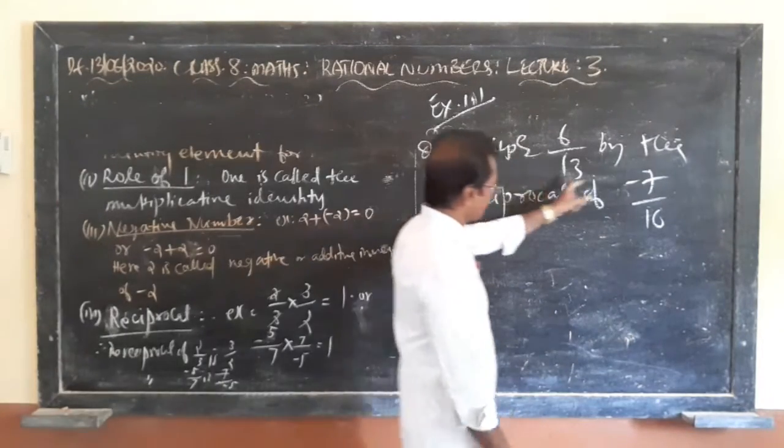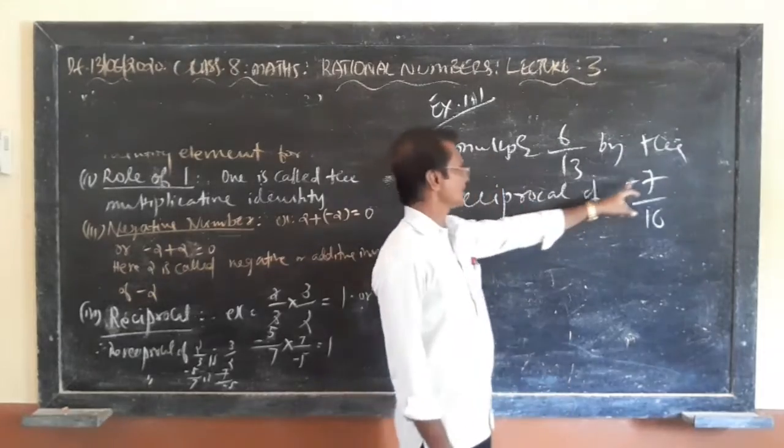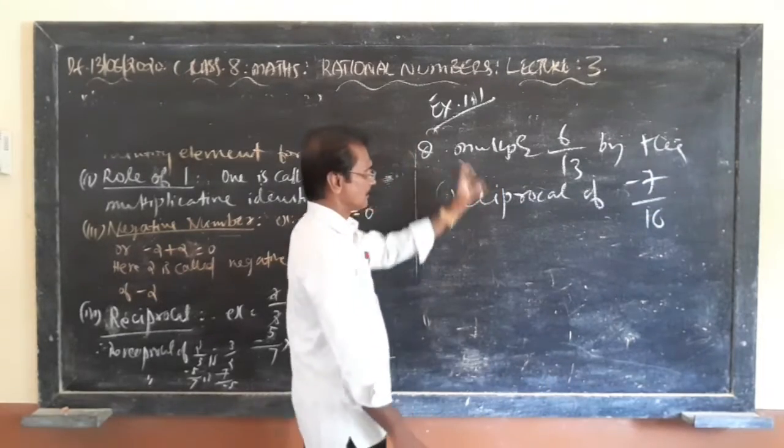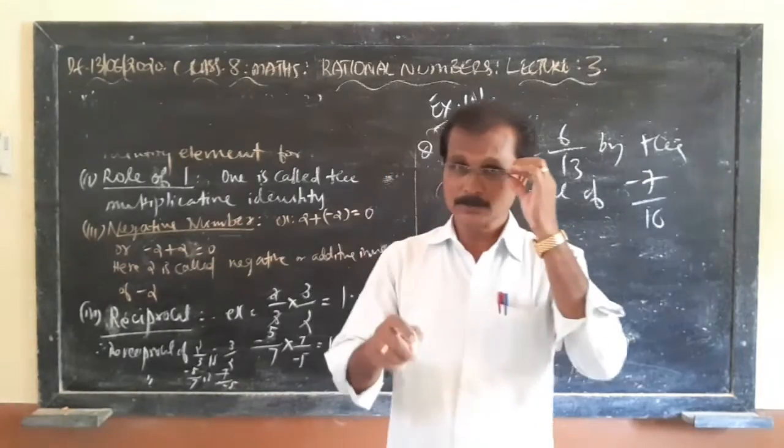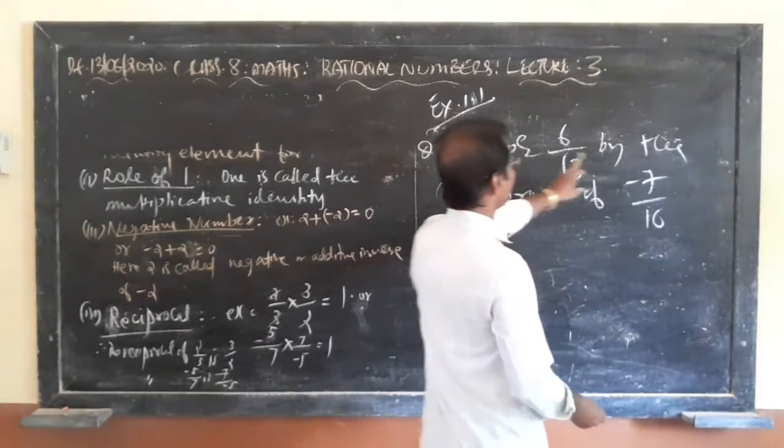You need to multiply 6 upon 13 with the reciprocal of minus 7 upon 16.